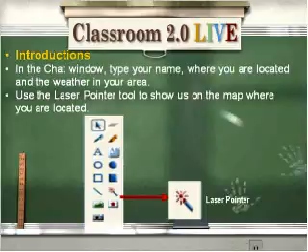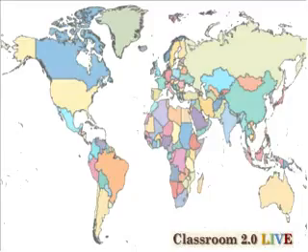In a moment, we're going to be using the laser pointer tool, and the laser pointer is the wand with the little blue sunburst dial on the end. You may need to drag your little sunburst that you leave on the map to the right a little bit because it tends to point to the left.